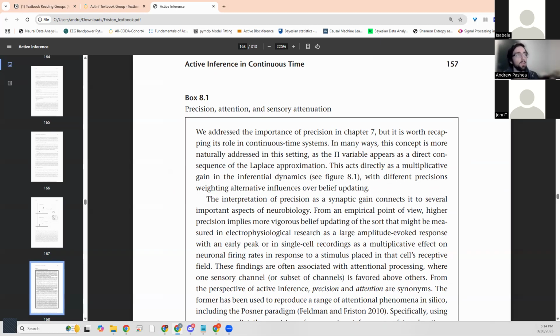It can be related to synaptic gain in neuronal dynamics. It's seen as being very crucial for looking at things like confidence, right? Whether it be confidence in your A matrix, in terms of being able to interpret a situation, or a B matrix, in terms of being able to look forward or back.